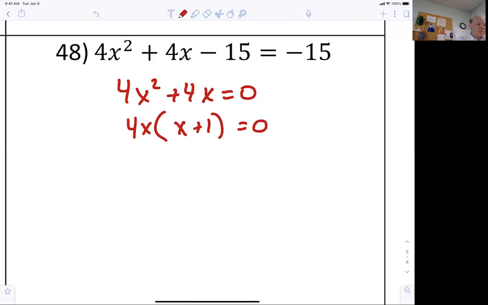Final answer. What is it? Say it. Negative 1. Harrison, would you just tell him the answer, please? Thank you. 0 or negative 1.